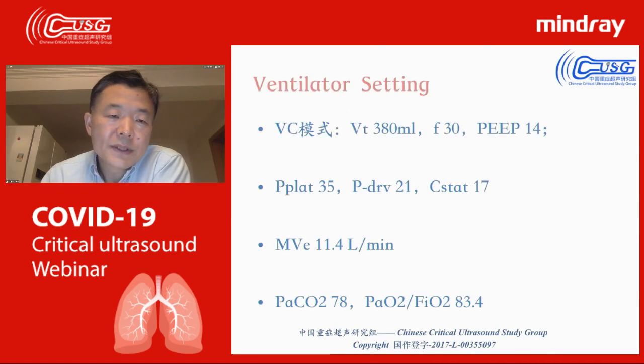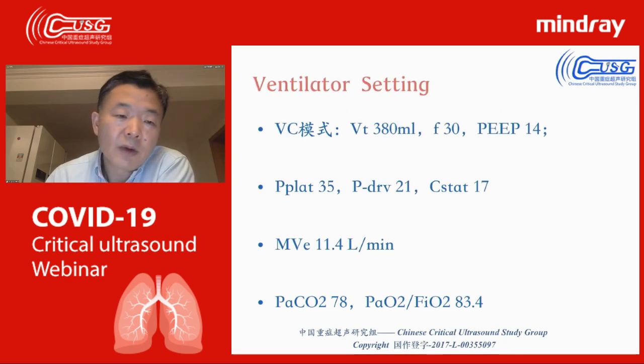And this is the ventilator setting. They changed the ventilator mode from pressure control to volume control. The tidal volume is 380, frequency is 30, PEEP 14, plateau pressure is 35, driving pressure is 21, and static compliance is 70.